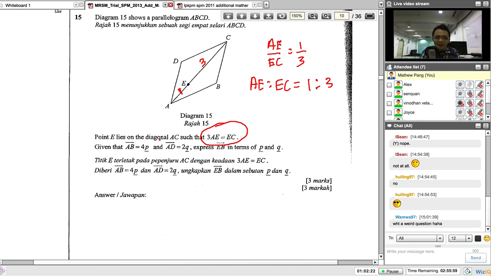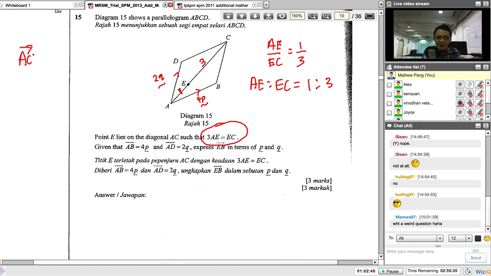Then AB is given as 4P, and AD is 2Q. He asks you to express EB in terms of P and Q. I believe you have to find AC first.